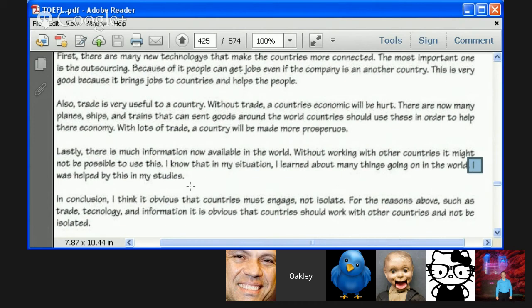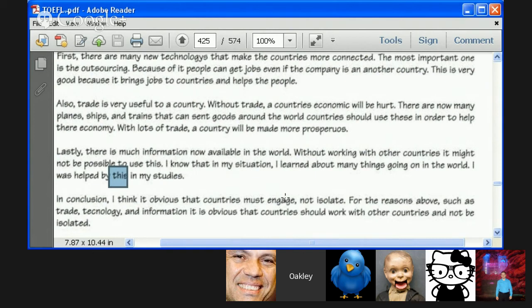Alexei, once again, you get the last sentence of the paragraph, starting with I. I was helped by this in my studies. I would say it helped me in my studies. It's also very vague, by this. You've got to be clear who or what you are referencing with your pronouns or reference words.